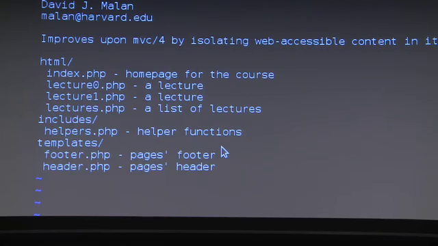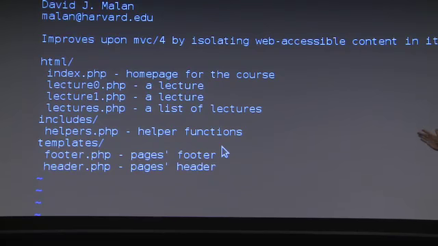Exactly. Now I have an HTML directory, the idea of which is that only the web accessible stuff, including not just my PHP files, but my GIFs, my JPEGs, JavaScript, CSS, all the stuff that has to be public goes into that directory. Or not even necessarily public, has to be uniquely addressable via a URL in the browser so that the user can actually visit it.